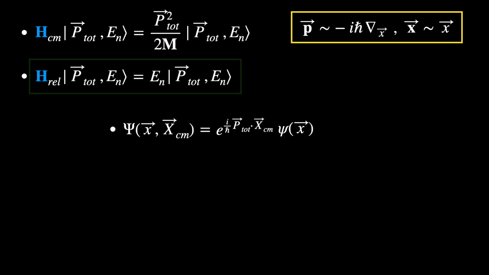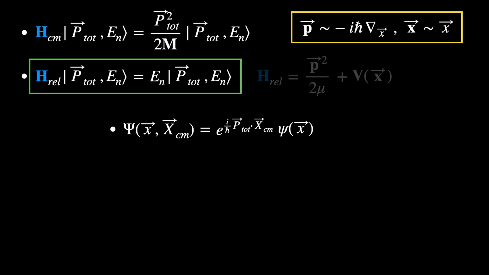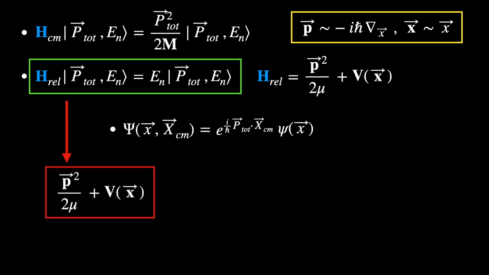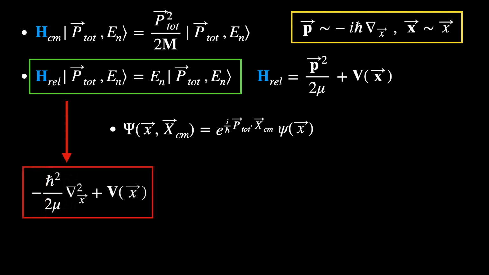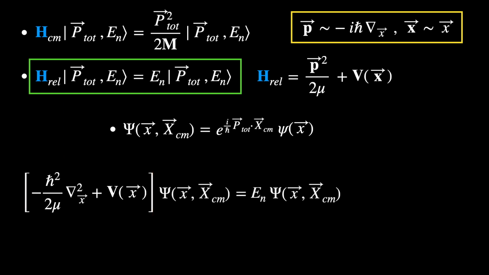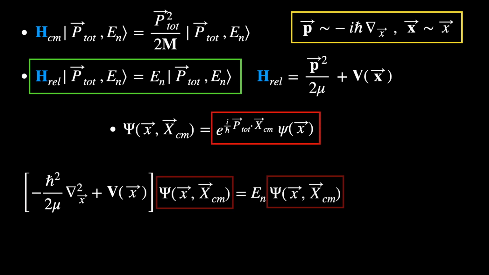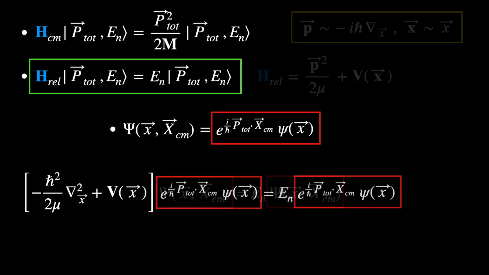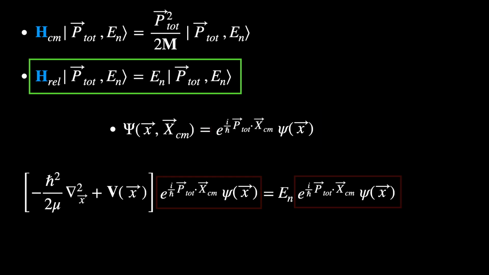Let's see how the eigenvector equation of the relative Hamiltonian looks in position space. Since the relative Hamiltonian depends only on the relative coordinates, the center of mass wave function just cancels on both sides of this equation.